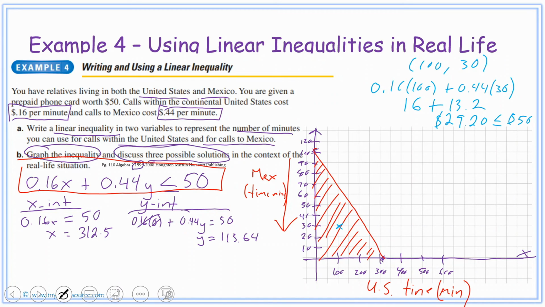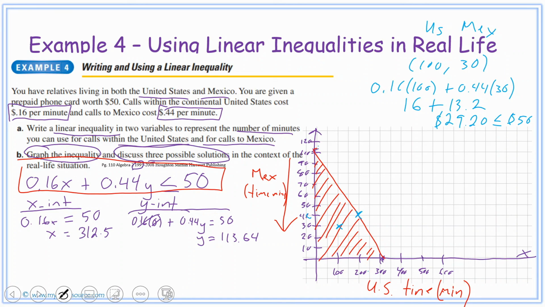You could spend 100 US minutes with 30 Mexico minutes. You can even get right on the border there. Right, this should work out. You could spend, I think that's 40, right? 40, or let's go in XY order. You could use 200 US minutes and 40 Mexico minutes, right?